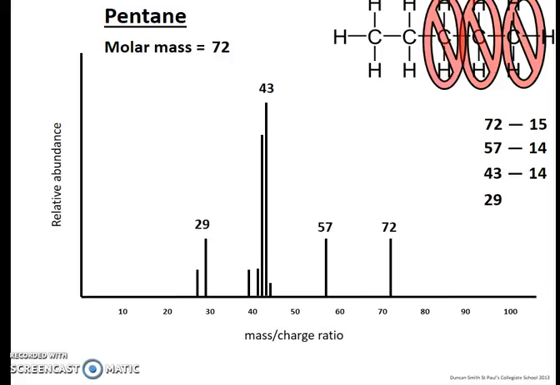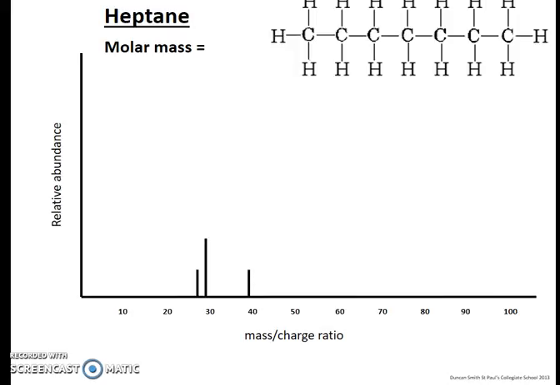We could have a peak at 29 and possibly even a peak at 15, although one doesn't exist here. And so that kind of characteristic pattern with peaks at 29, 43, 57, sometimes 71, that indicates that we have this progressively increasing carbon chain length, or rather that we have a long carbon chain that's broken off into a bunch of different fragments. So here you can see it even more clearly with heptane.